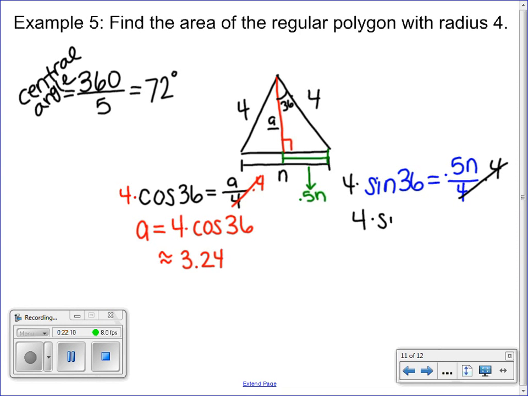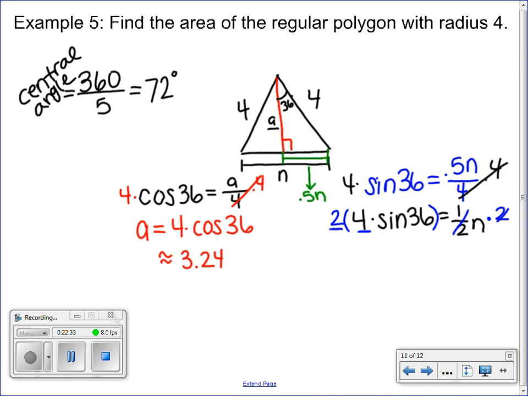I get 4 times sine 36 equal to 0.5, which is really the fraction 1/2, n. The reason I changed it to 1/2 is now I'm just going to multiply by 2 on both sides to get n all by itself.